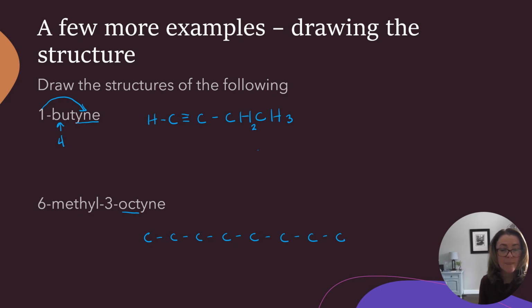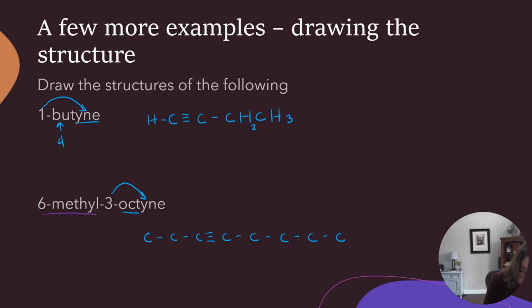All right, now 3-octyne tells me that I have a triple bond on carbon number 3. So 1, 2, 3. My triple bond is right here at carbon number 3. Now the 6-methyl tells me that I have a methyl group on carbon number 6.